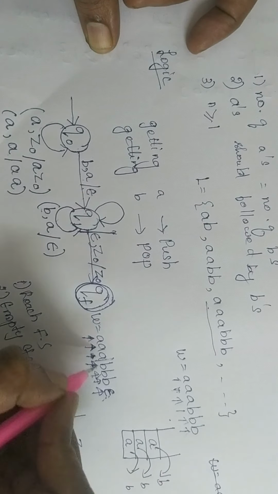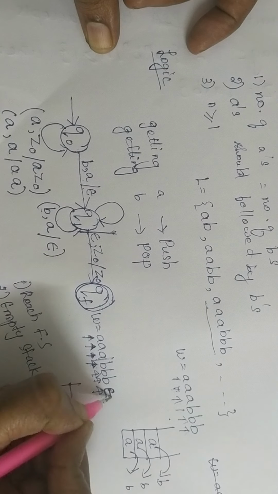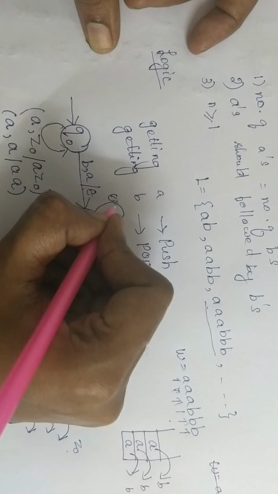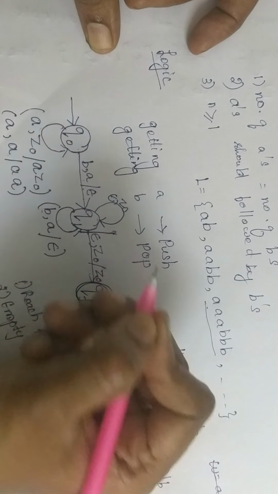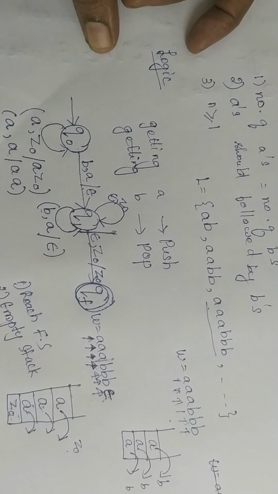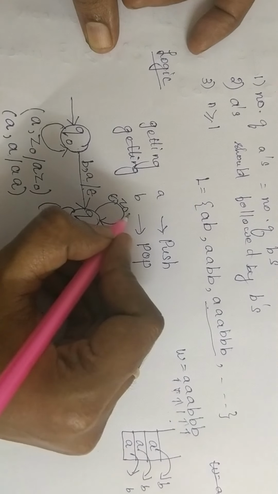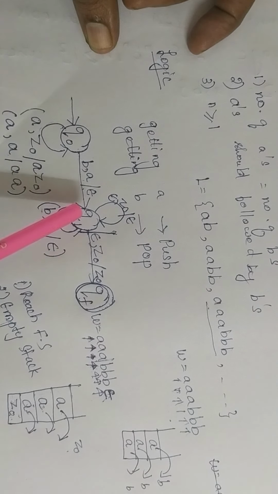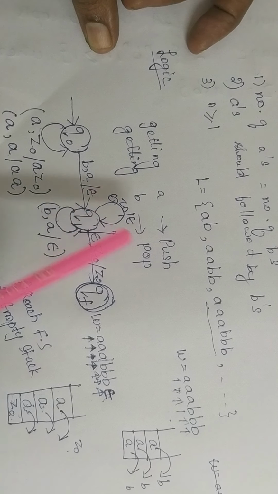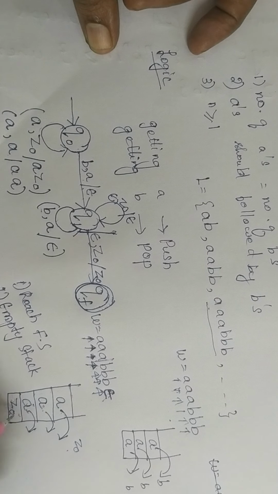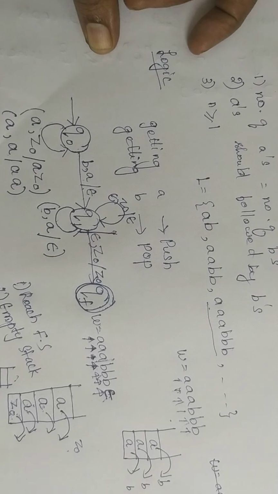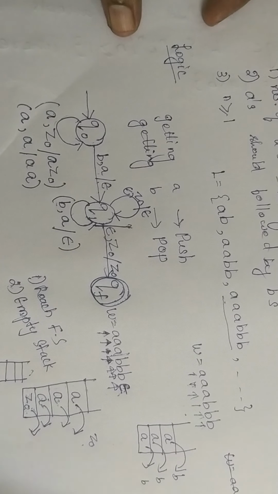So what is the symbol we are going to read? Finally epsilon, right? What is on the top of the stack? Z0 is on the top of the stack, and in that case we can pop it also. While we are popping this Z0, our stack will be completely empty and nothing is in our stack.